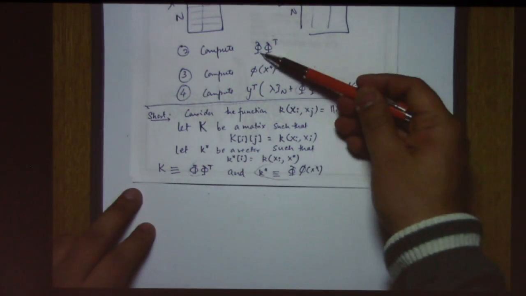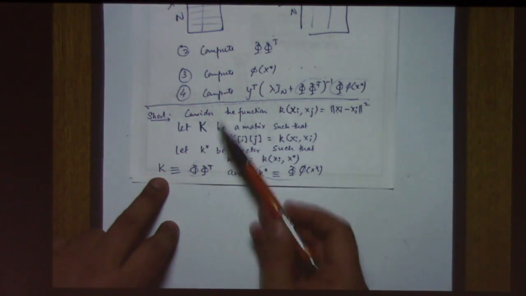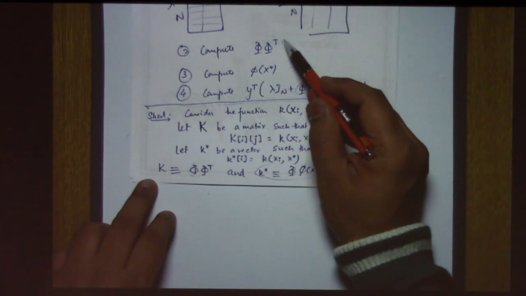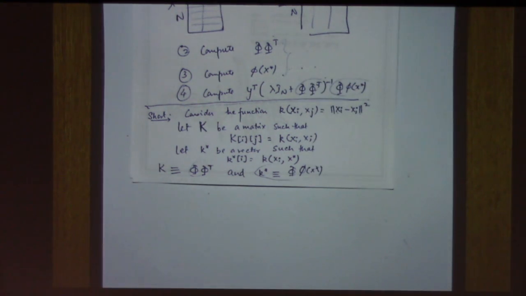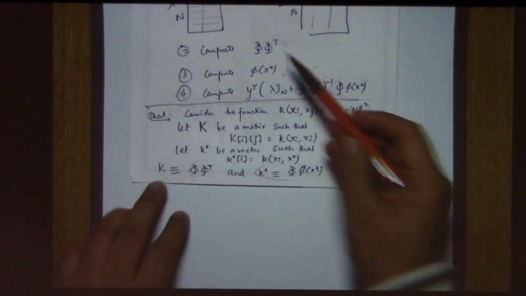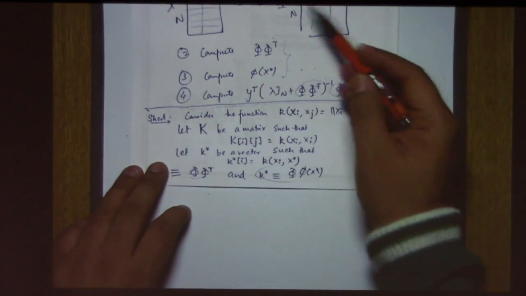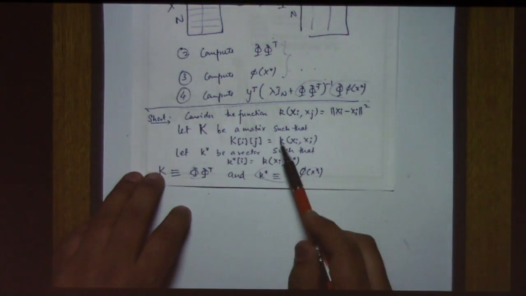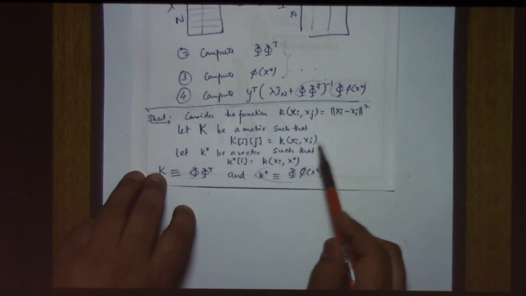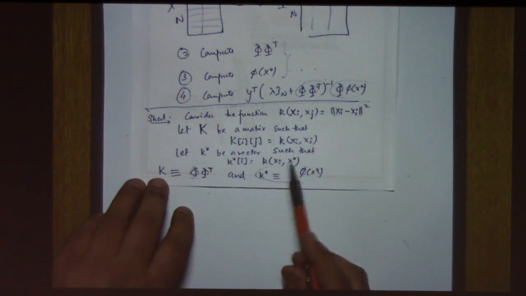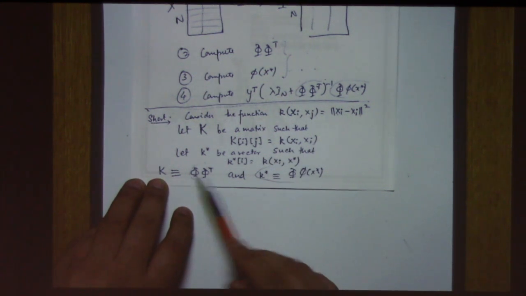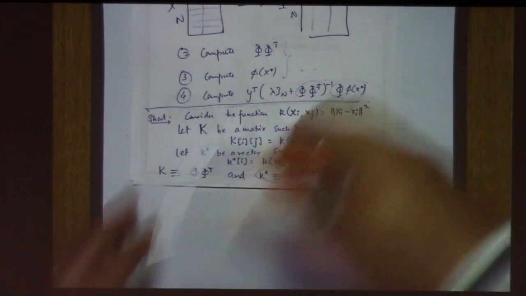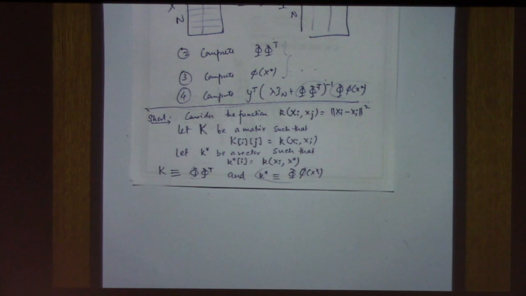The difference is that you have avoided these three steps. You didn't really have to do this mapping, because if you applied that function to your original data objects, you would have gotten the same K which you would have gotten if you had done these multiple steps, all right?